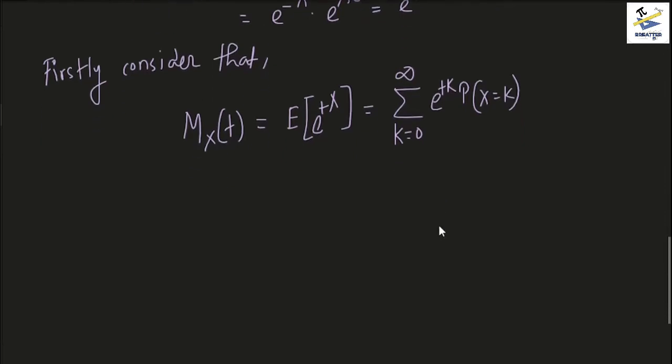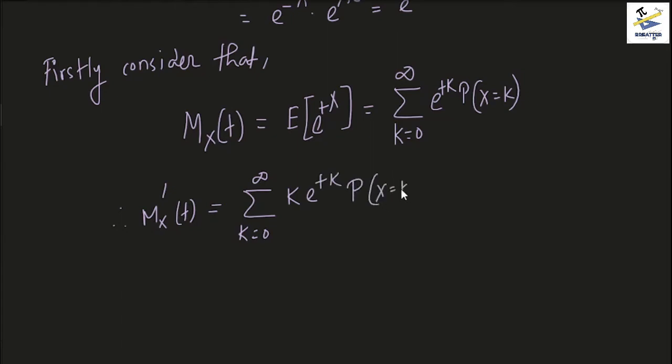Now, if we were to differentiate this function, which is a function of t, one time, what would you get? You would get the sum over k equals 0 to infinity of k e to the power tk, probability of X equals k. And therefore, if you put in the value 0, what you get is this, which basically is the first moment, isn't it?